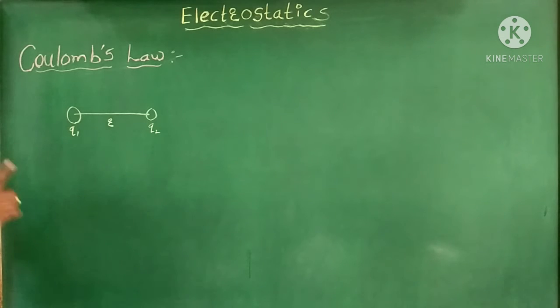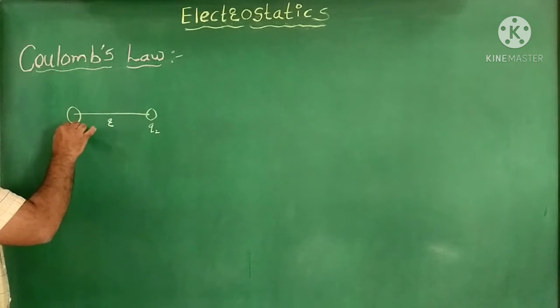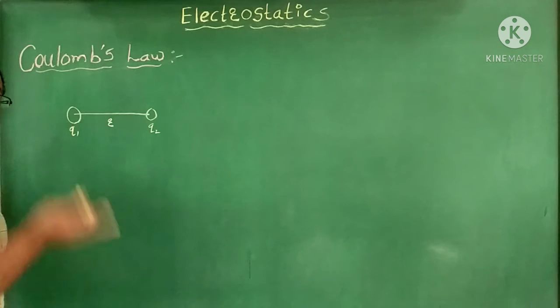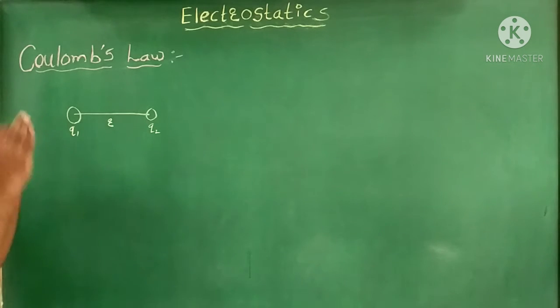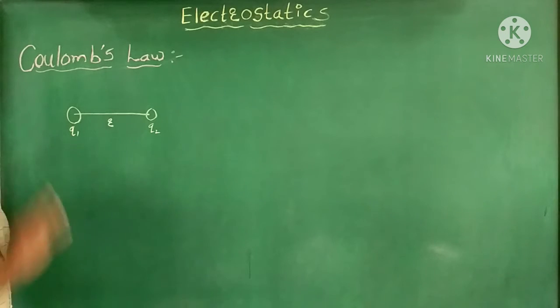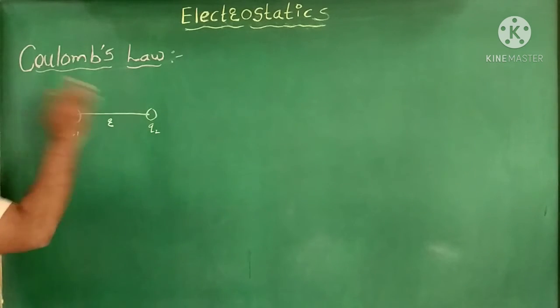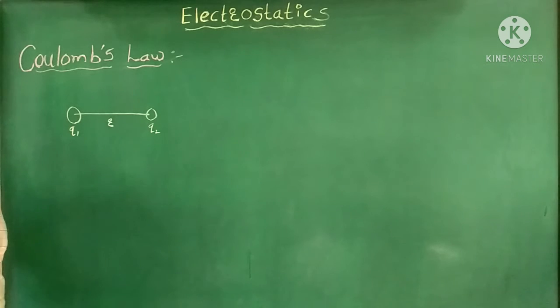But here we want to see the meaning of point charge. Point charge means the size or dimension of the electrical charge is very small compared to the distance of this charge from the other electrical charge. Then such a charge is called a point charge. Here we consider both the charges as point electrical charges at rest.